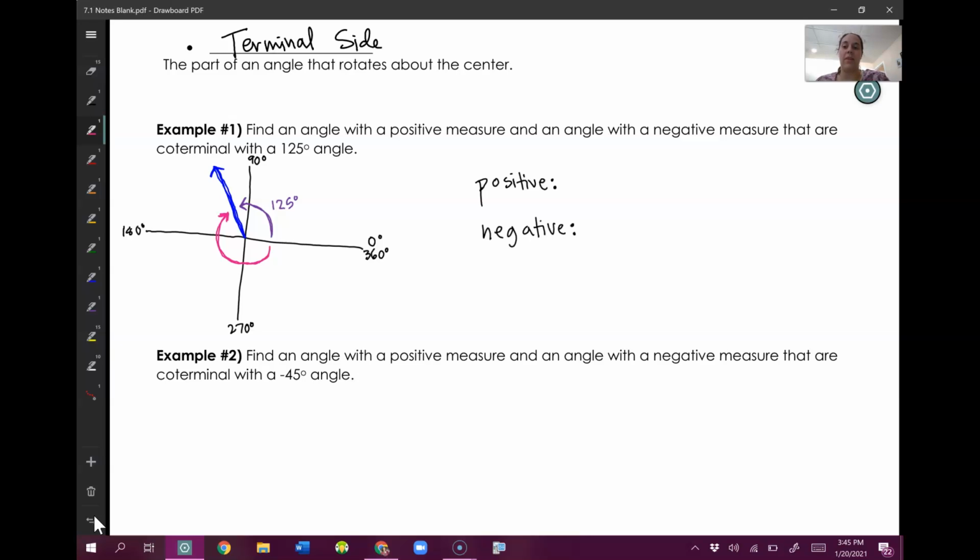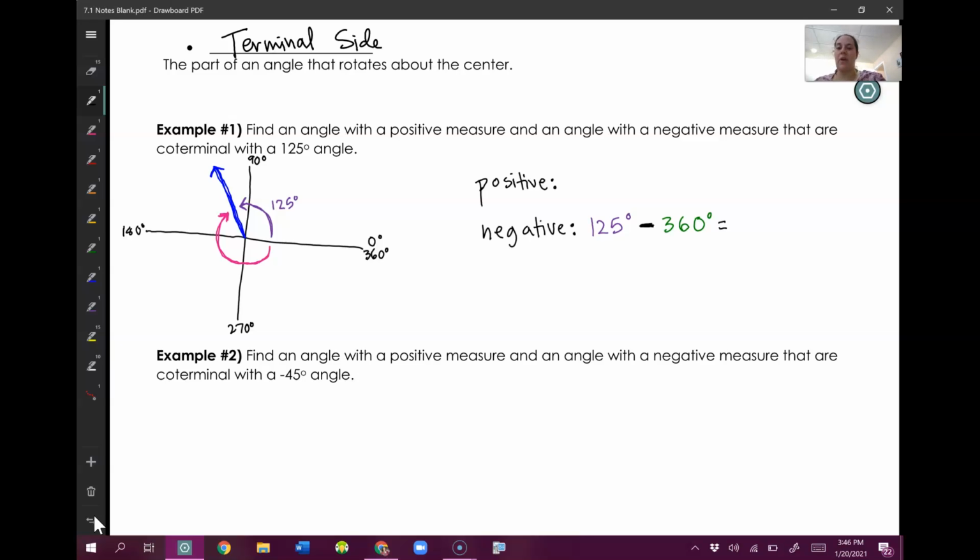So I need to figure out what this pink one is. So if we think about it, if I take 125 degrees, and I minus my 360 degrees, the full circle, that's actually going to give me this negative measurement here. 125 minus this whole circle is going to give me this piece that's left.